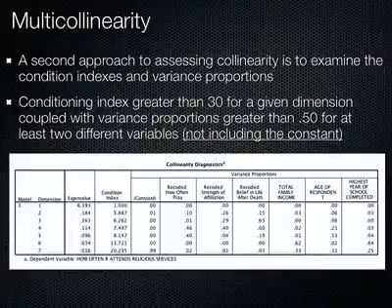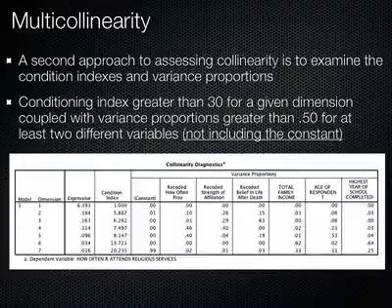We use the condition index column, and a condition index greater than 30 for a given dimension, coupled with variance proportions greater than 0.5 on two different variables, and we don't include the constant, okay? The condition index is sorted from smallest to largest, and at the bottom of the table we can see that our largest condition index is 0.2.